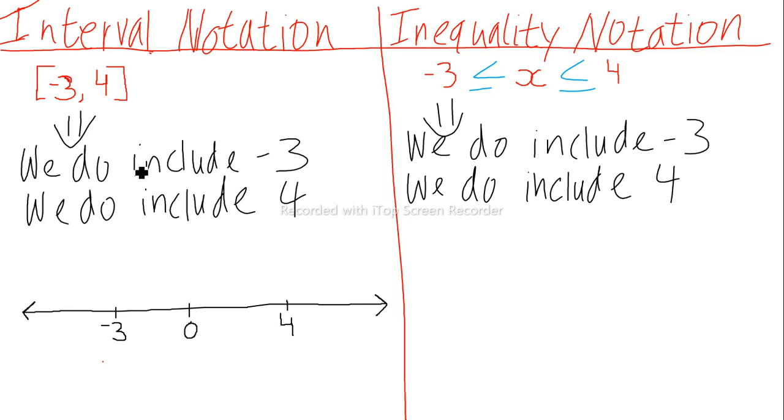Okay, -3 is included, so we're going to use a square bracket. We include -3, and we also include +4.